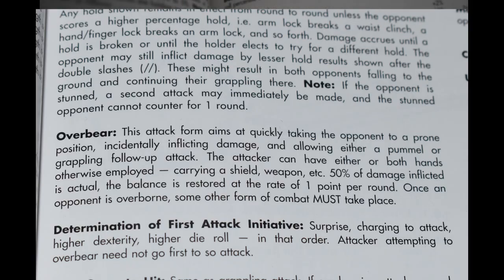The one difference on all of the three main weaponless attacks, being the pummeling, grappling and overbearing, is the overbearing. The overbearing does half damage for its incidental, which is because you're knocking them to the ground.